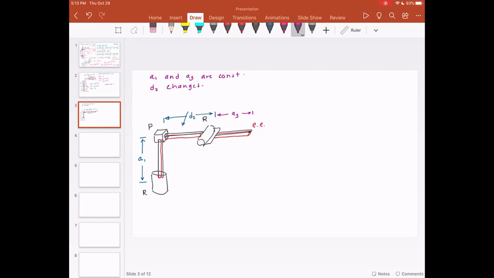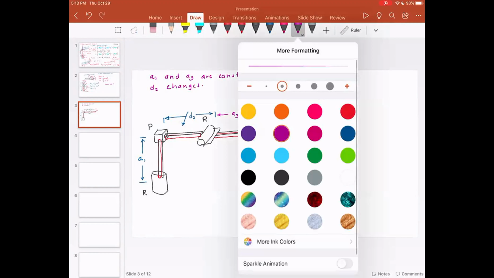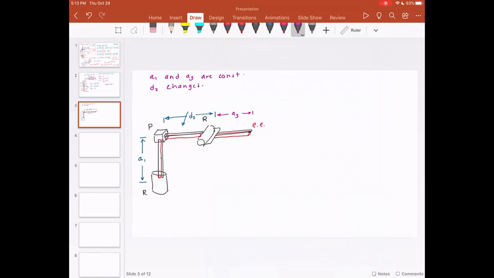Now I'm gonna go with the same assumptions. I'm going to assume that the masses are located at the centroid of these links. So the mass M1 is located at the centroid of link 1, this is link 2, and this is link 3.